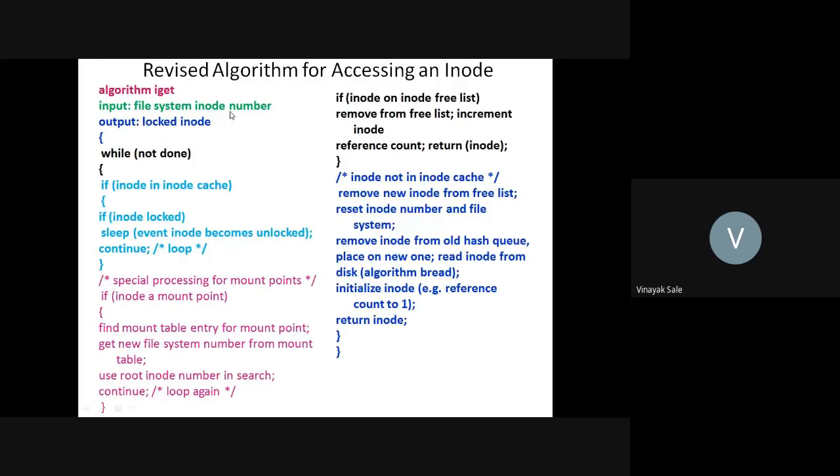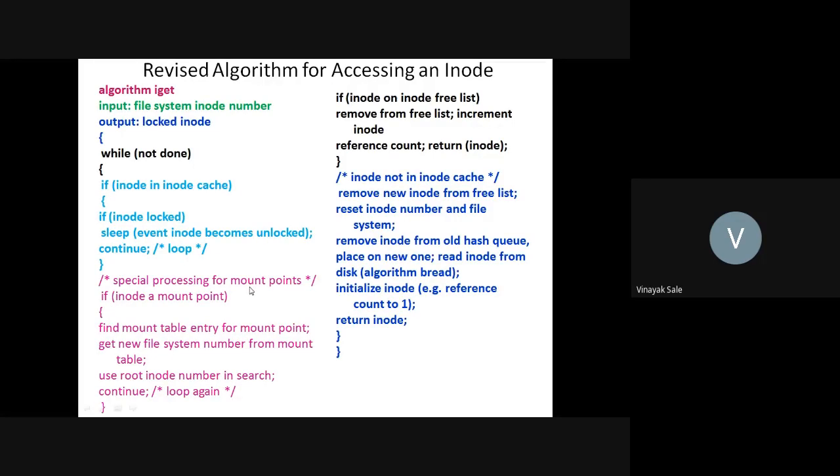Input: file system inode number. Output: locked inode. While not done, if the inode is in the inode cache, check whether the inode is locked. If it is locked, sleep until the event that the inode becomes unlocked.